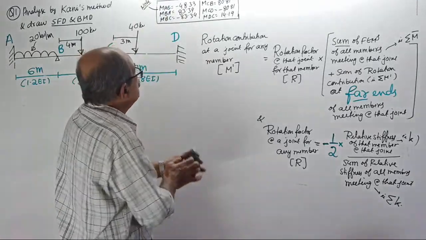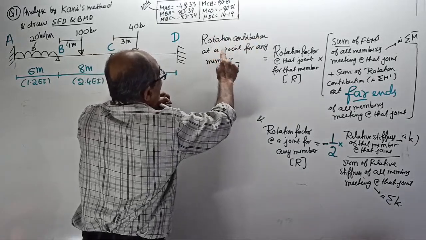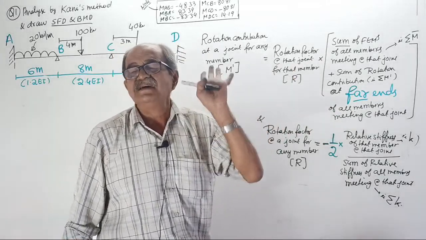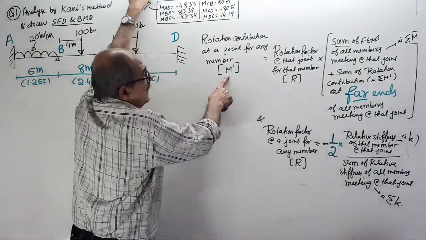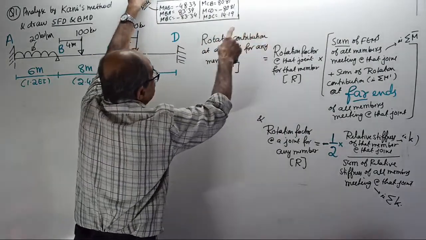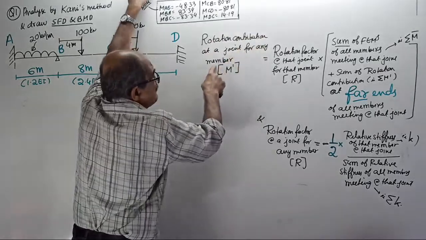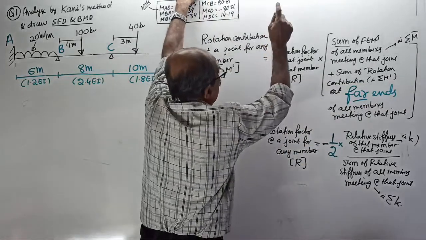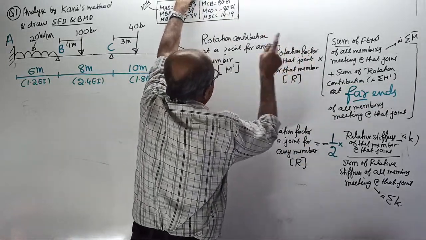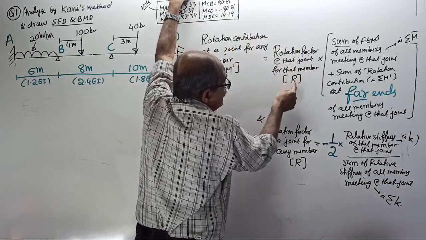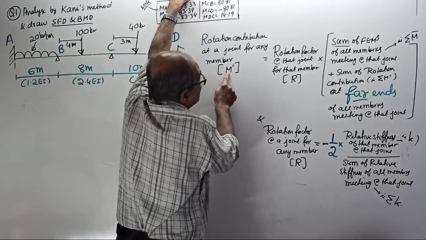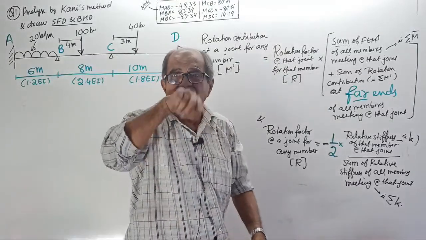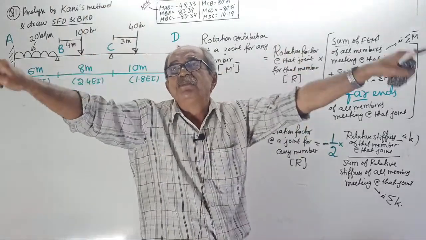Now you should know how to calculate rotation contribution at a joint, or rotation contribution for each member at each end, that is m dash. The formula, derived in yesterday's class: rotation contribution at a joint for any member, m dash, equals rotation factor r times a bracket term. If you want contribution, you require the factor.